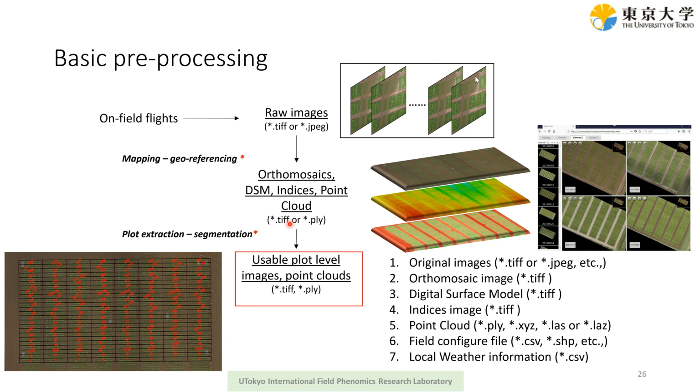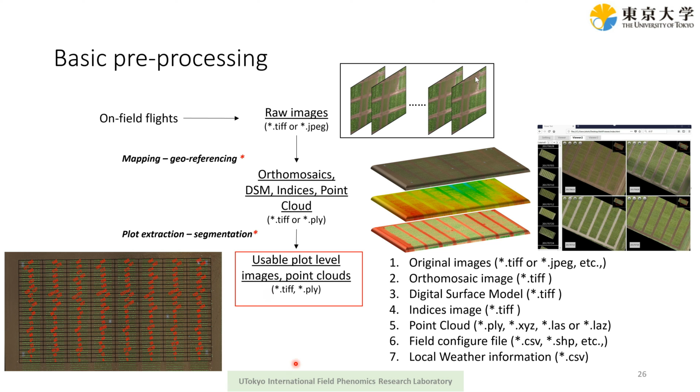Then from the orthomosaic to usable plot-level images, it doesn't take too much time. I didn't count the time, but it's an acceptable time for this process. Just several minutes from one orthomosaic image to several plot images.